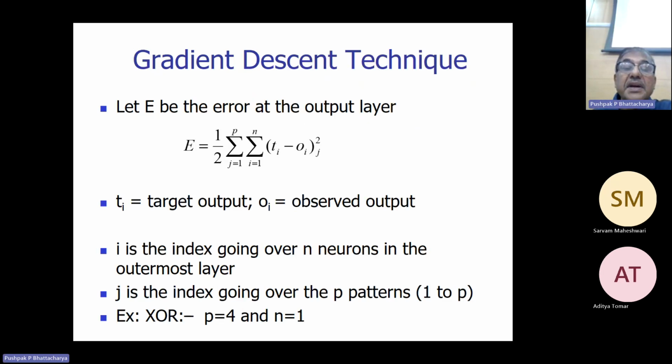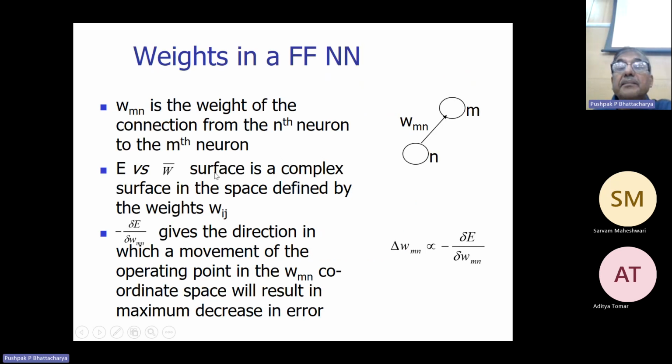Okay, and then we started the gradient descent technique with the total sum square error expression. The weight is w_mn, where m is the destination neuron, n is the source neuron, and the change in weight is proportional to minus delta E by delta w_mn. This is the guiding equation.